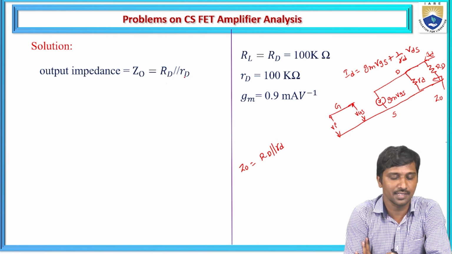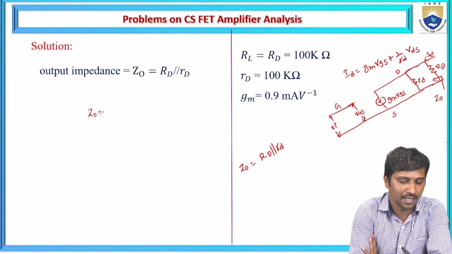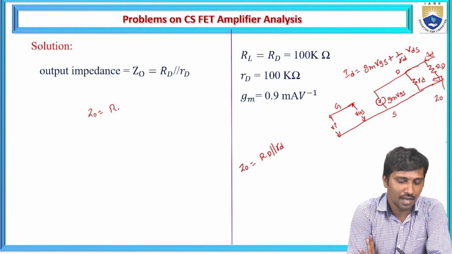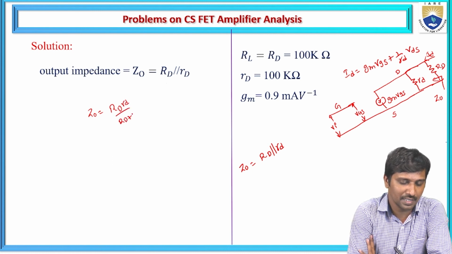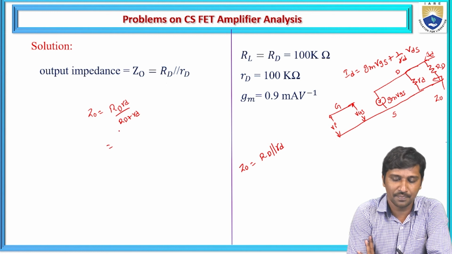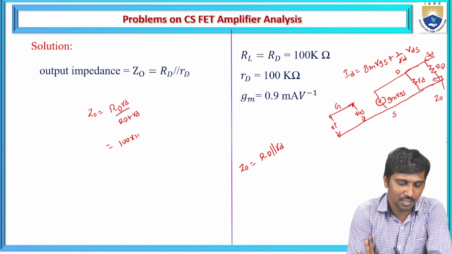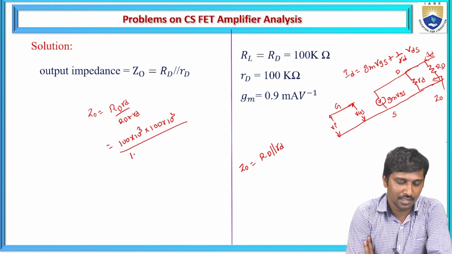So from this we can write Z0 is equal to RD into small rd divided by capital RD plus small rd. If you substitute, capital RD is 100 kilo ohms, 100 into 10 power 3, into small rd, which is also 100 kilo ohms, divided by 100 into 10 power 3 plus 100 into 10 power 3.